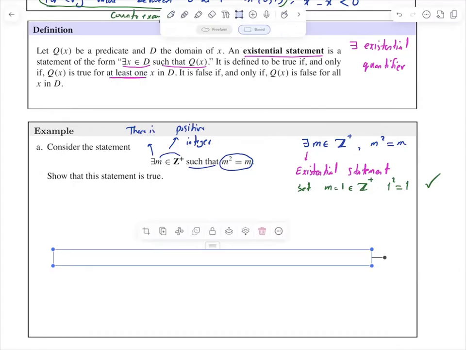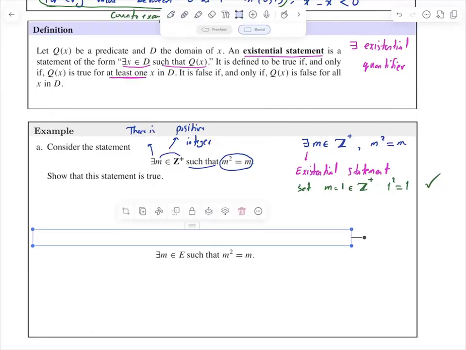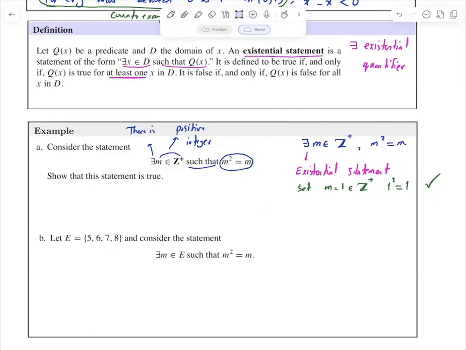So for part B, we have the following statement. Another existential statement. I'm going to check to see if the statement is false or true. So pay attention to the domain. Now the domain is specific values like 5, 6, 7, and 8. There is no other value to be considered. Our domain is limited.